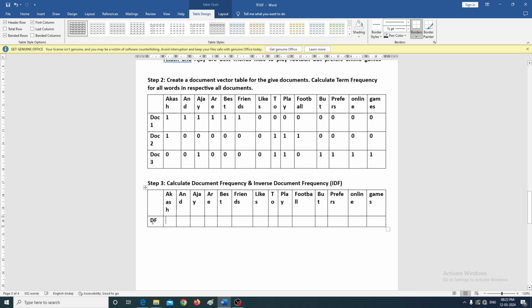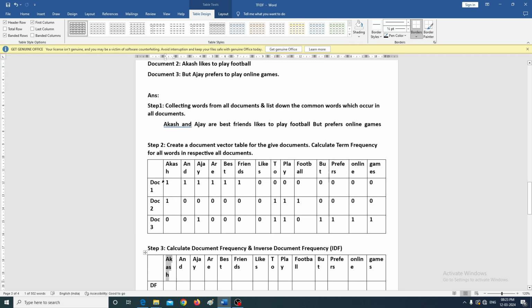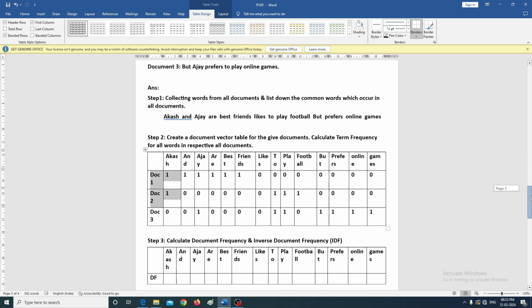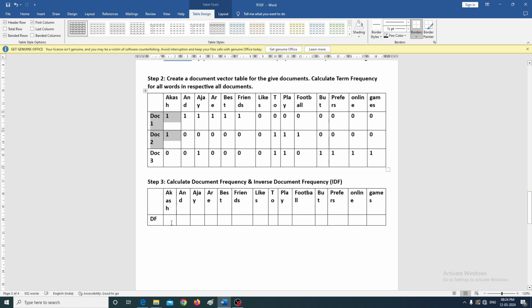Let's take the document frequency of the Akash word. Here the Akash word is available in 2 documents, so the document frequency of the Akash word would be 2/3.